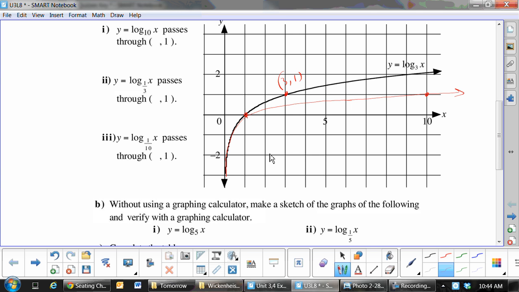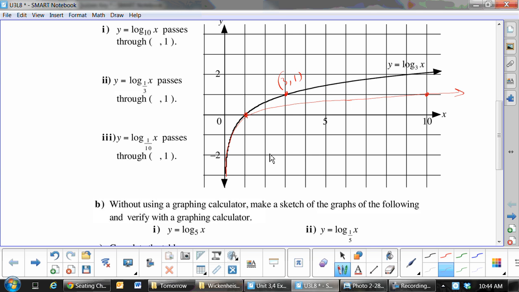Back to our transformation unit. Vertical stretch, horizontal stretch, what do you think? Could be a vertical stretch. Also, could be a horizontal too, because when you pull things, they do get narrower. Okay? So, vertical or a horizontal. Okay? And we're going to have to get into that.